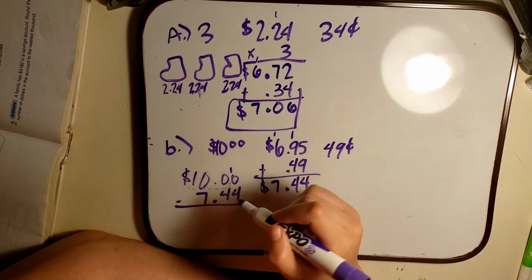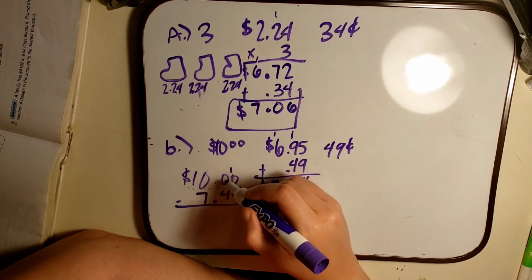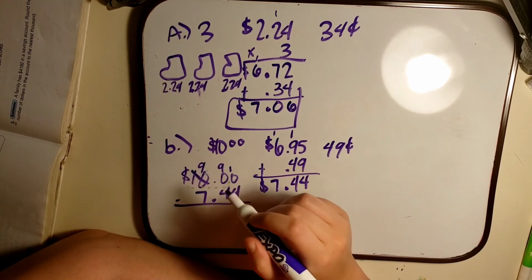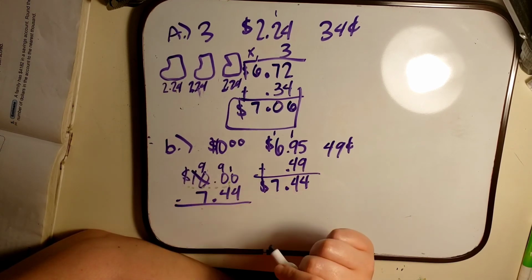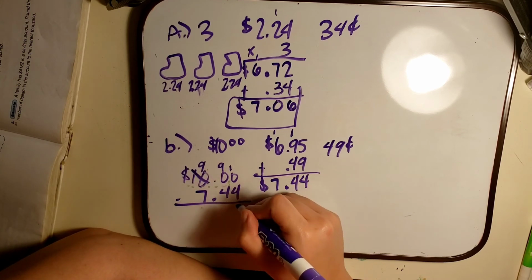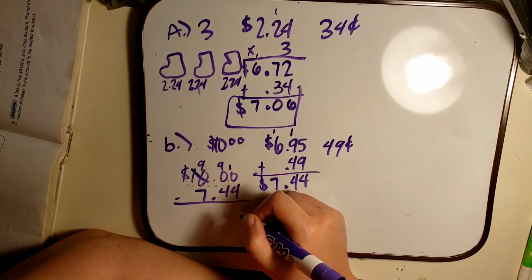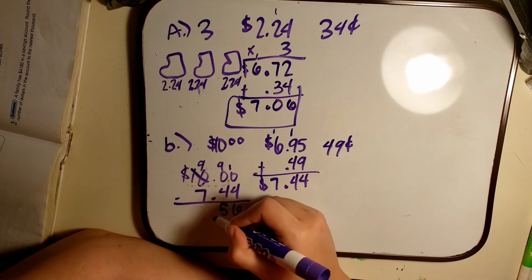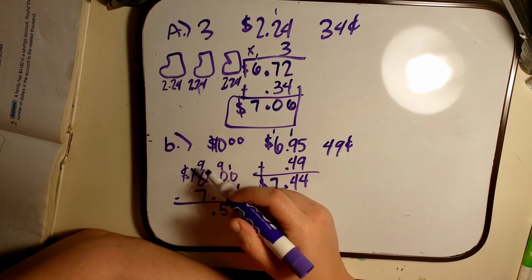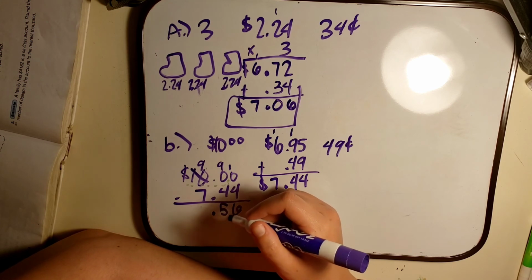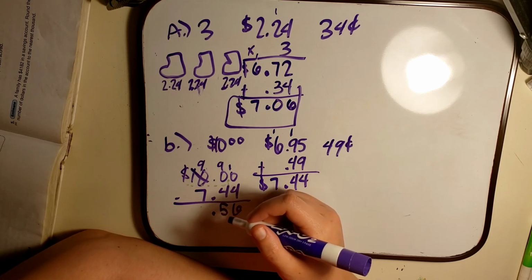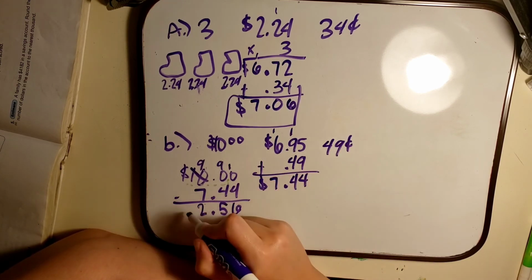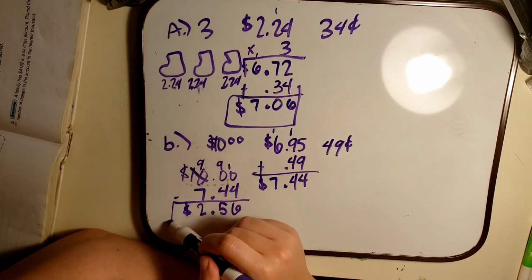So you're going to turn this into a 9, and this all turns into a 9. 4 subtracted from 10 gives you 6. 4 subtracted from 9 gives you 5. Bring down that decimal. 7 subtracted from 9 gives you 2. Right? 7, 8, 9. So your change then would be $2.56.